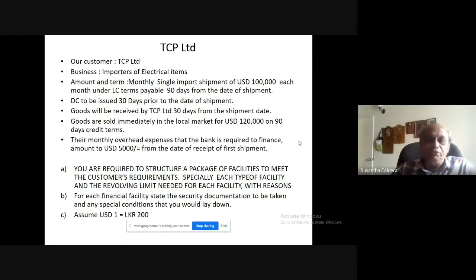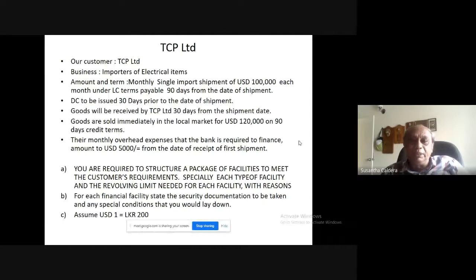Goods will be received by TCP Limited 30 days from the shipment date. So 30 days before the shipment date, you have to open the LC. Then the shipment period will be 30 days. One month before the shipment, then one month after the shipment, you will receive the goods and documents.